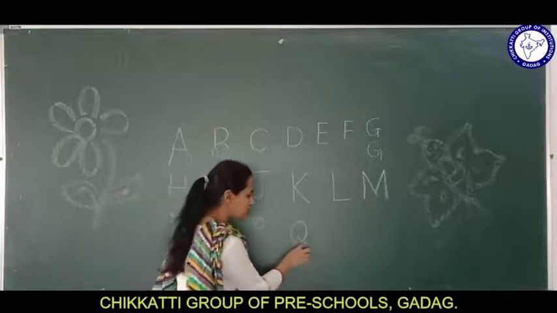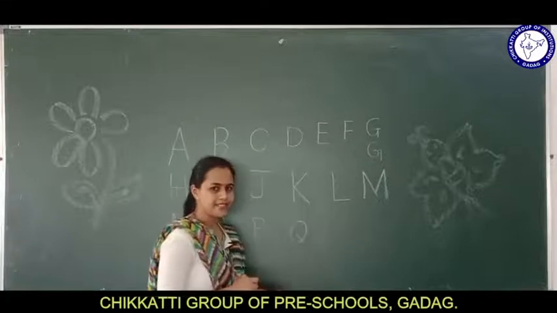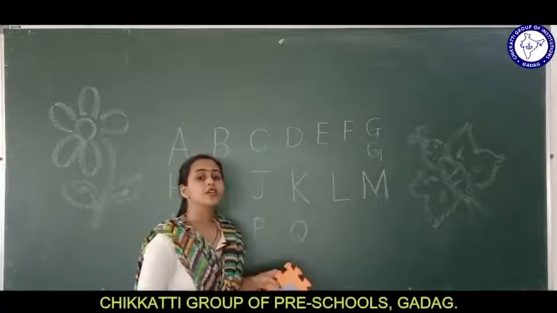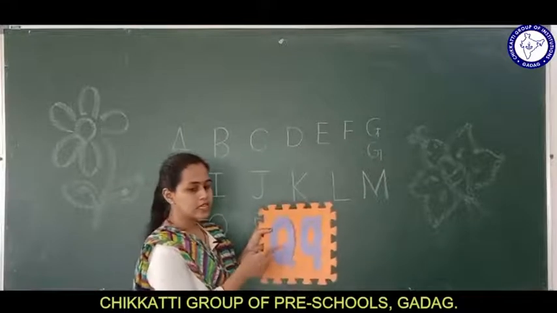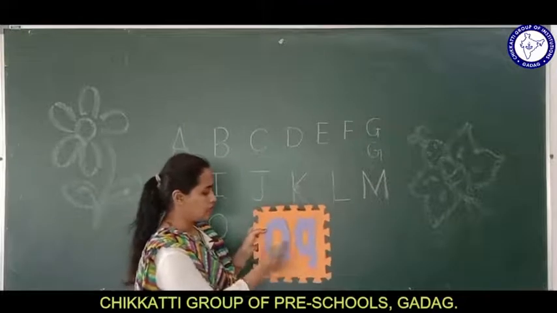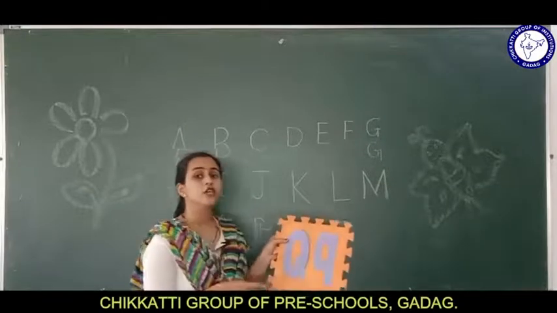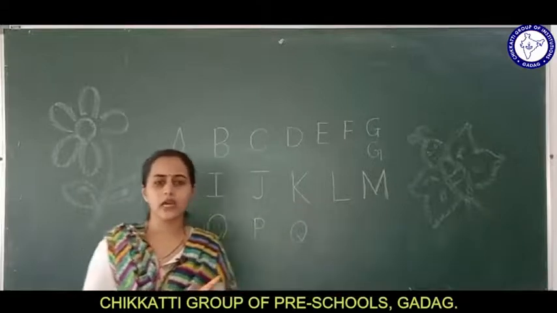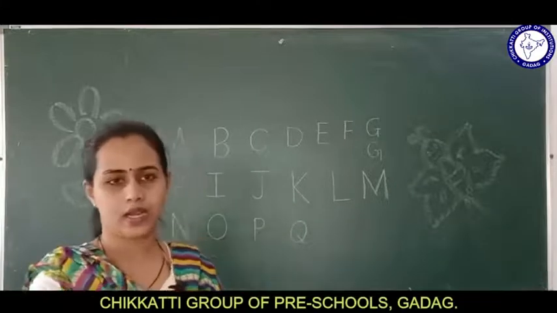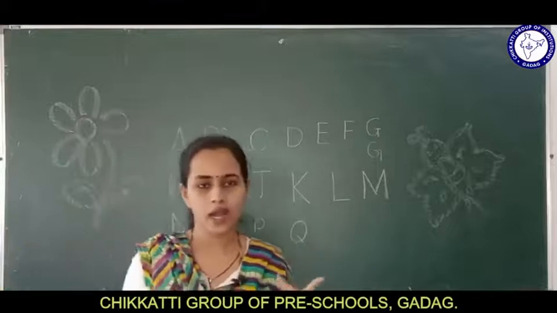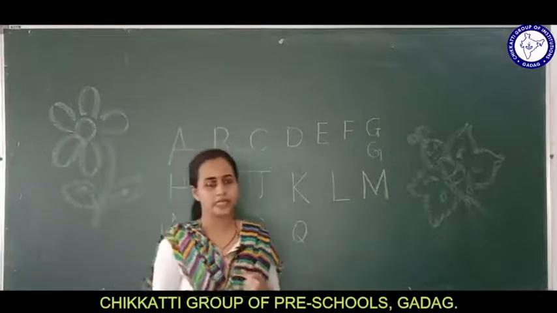We're giving a tail to this circle, right? So it will become Q. Circle and slant, right? What is the Q sound? Qua. Say one more time.